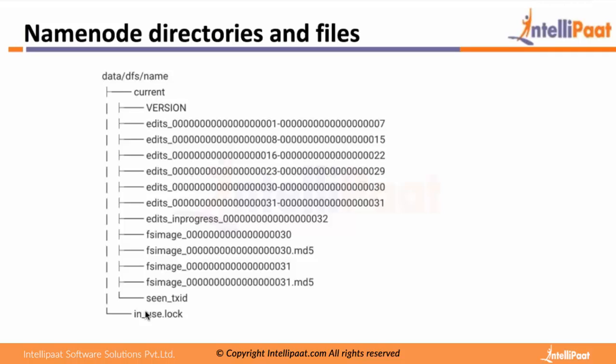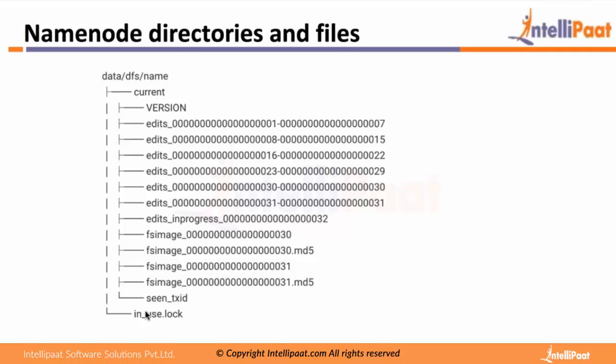So FS image is a file which contains the complete state of the file system at a given point of time. That will not be the current state, it is a state at some point of time, and you can see till which transaction ID it has completed in the seen_transaction ID.